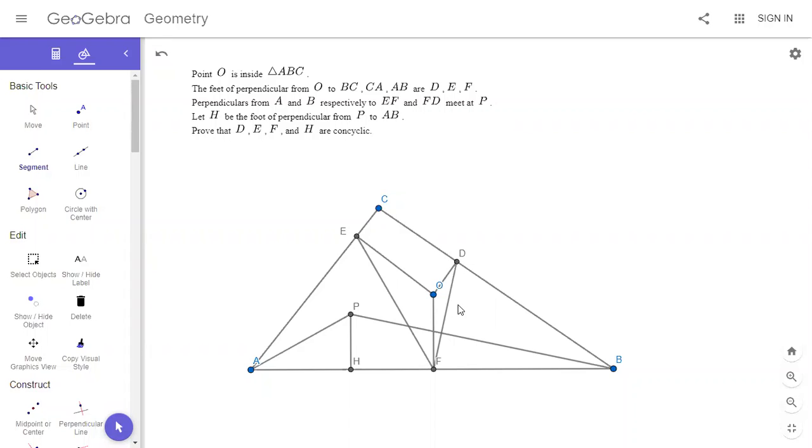Let's see. So if we can show angle OBC is equal to angle PBA, then that would basically mean they're isogonal conjugates, right? That seems like it shouldn't be too hard. Let's see.